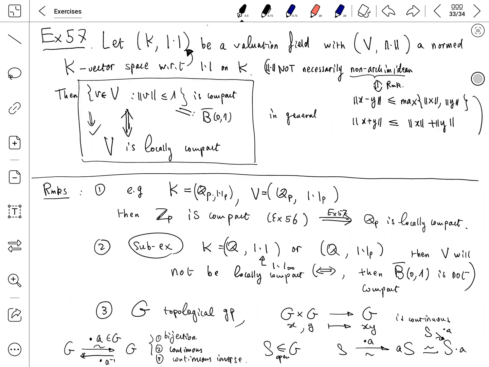So let me add a condition. Let's require this is not trivial, which means that there exist elements with norm neither 0 nor 1.